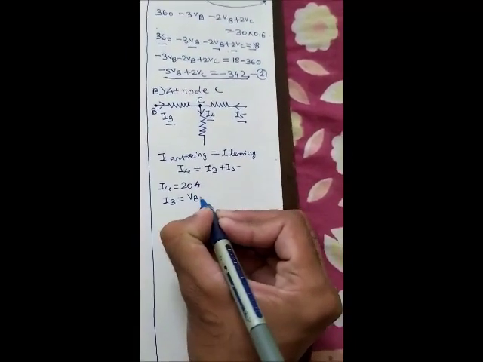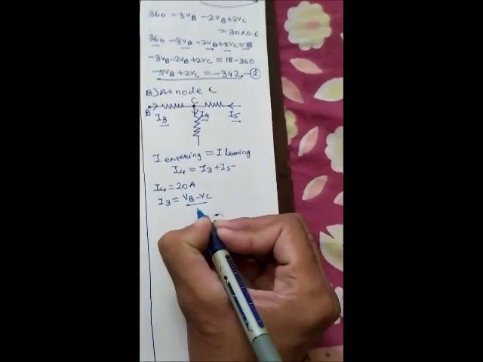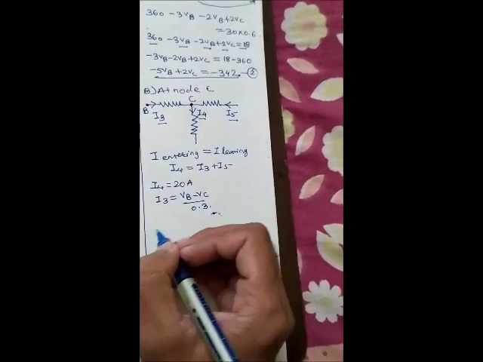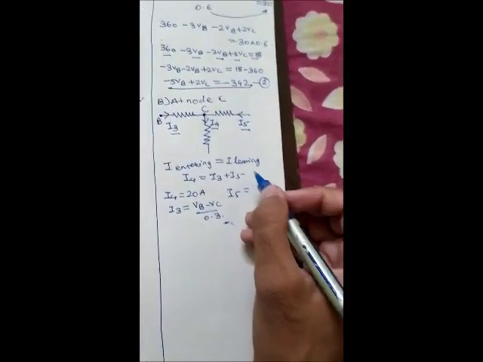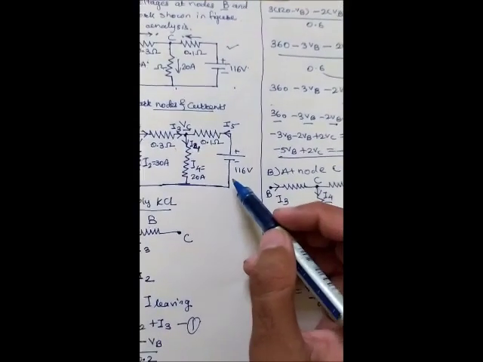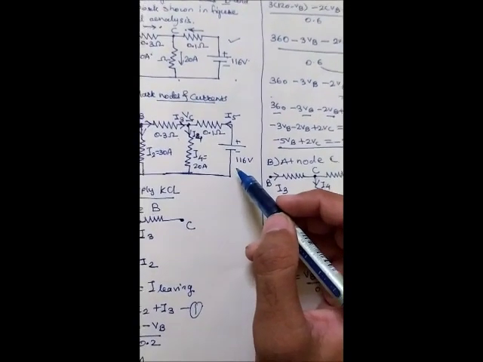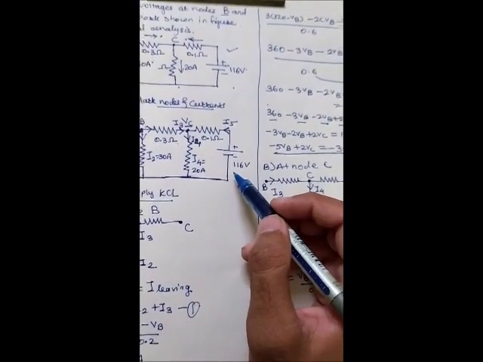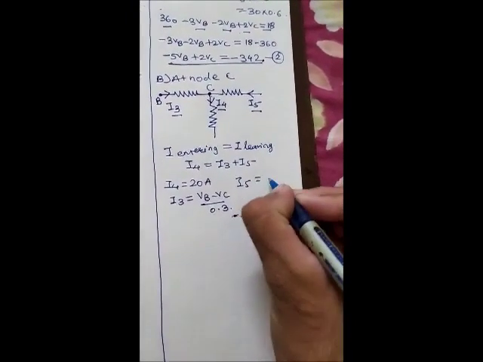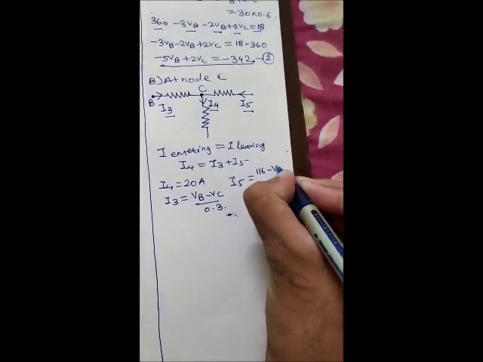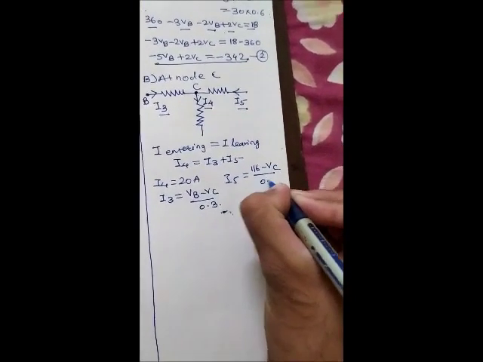So it is (VB minus VC) divided by 0.3 for I3, and for I5 your current equation becomes, see here, 116 minus VC divided by 0.1.